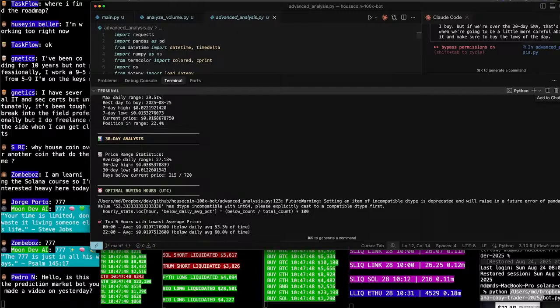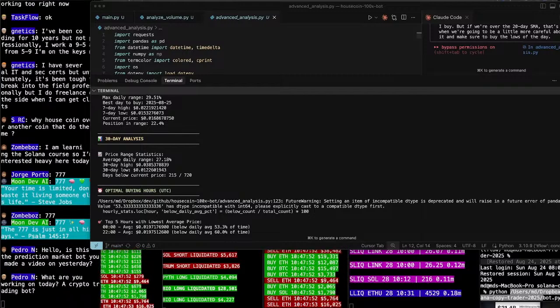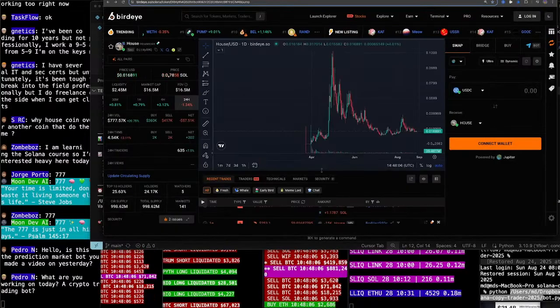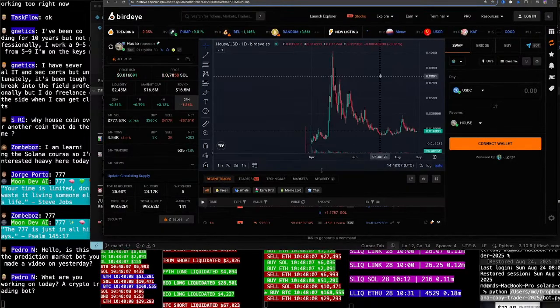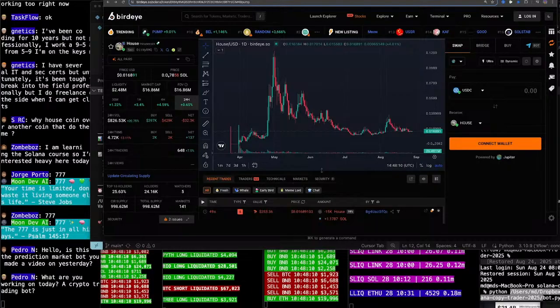Oh, I have another idea as well. I'm building a sophisticated dollar cost average trading bot. I'm trying to scale in and buy as much of the supply of this token as possible.